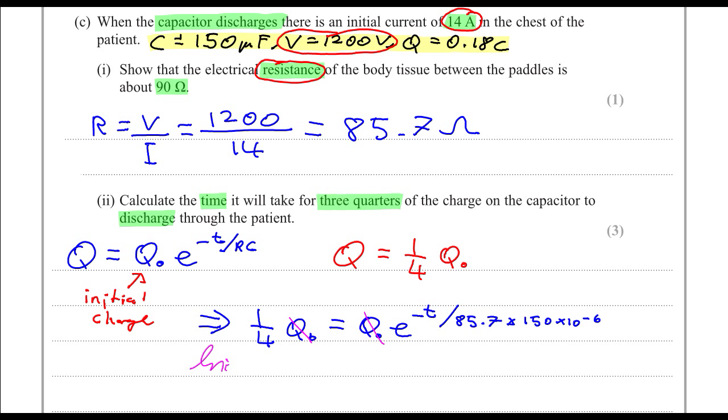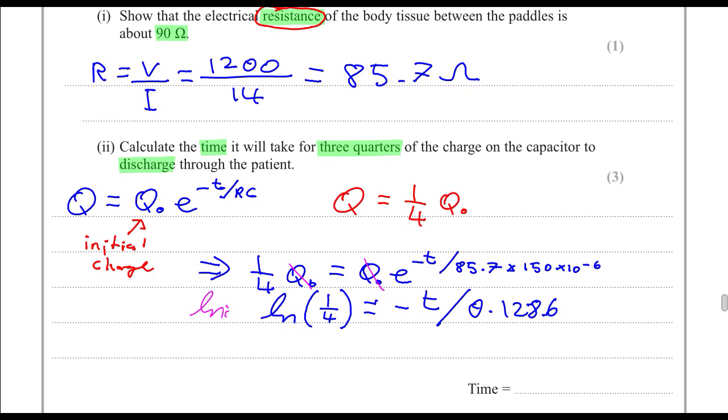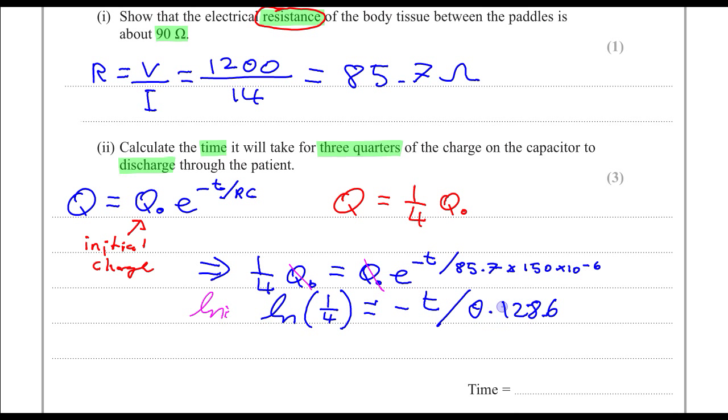If we ln both sides of the equation, we will have ln 1/4 being equal to ln e, and e will cancel each other out, so we have t over this number, which is, if we multiply that out, 0.1286, and we can multiply both sides by this number now, also multiply by -1, so we have got minus 0.1286 ln a quarter being equal to the time.